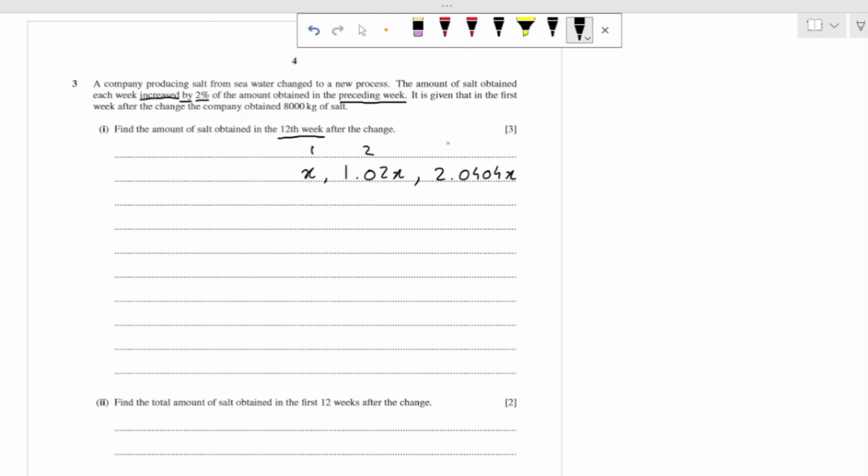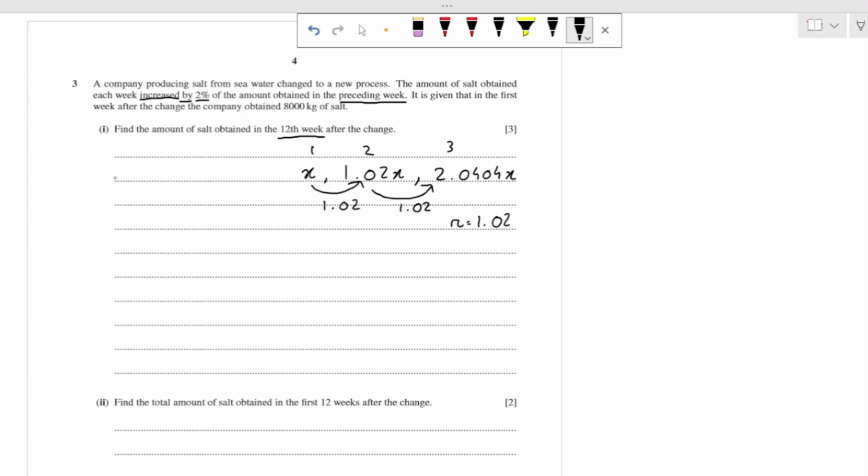First term, second term, and third term. If it's not an arithmetic sequence, then it's a geometric sequence. If we divide 1.02x by the original value x, we get the ratio r. And then if we divide the third term by the second term, 2.0404 divided by 1.02, we again get the common ratio of 1.02. Hence we have confirmed that r is equal to 1.02.